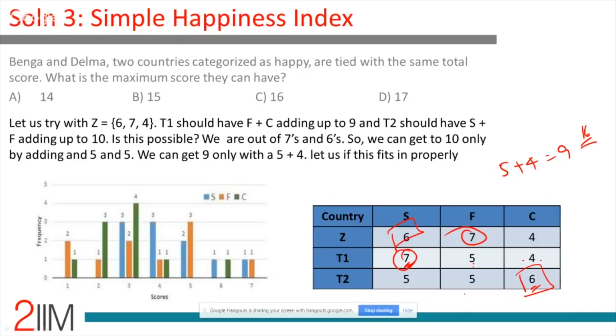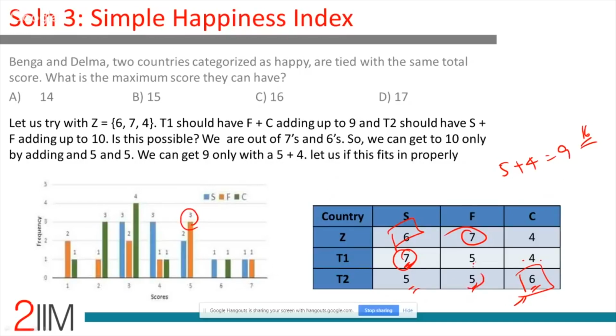Right? Now, the 6 is gone here. So these two should add up to 10. This only possibility is 5 plus 5. Run out of 6s and 7s. So, do we have enough 5s to accommodate this? So, we've already taken a 5 from F. It's already been taken. There are lots of 5s remaining.